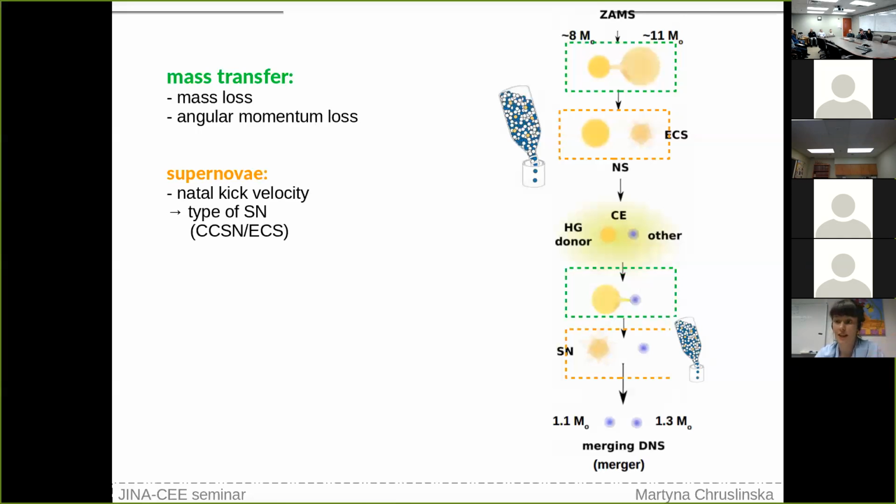And at the same time, the double neutron star systems that we observe, well, at least some of them, should have formed with small natal kicks, like a couple of tens of kilometers per second. Otherwise, we have problems with explaining their parameters.